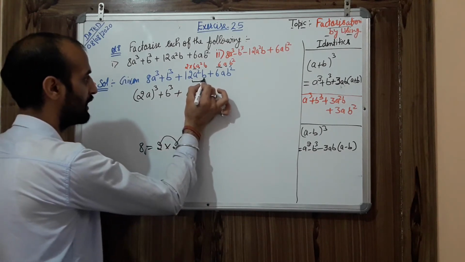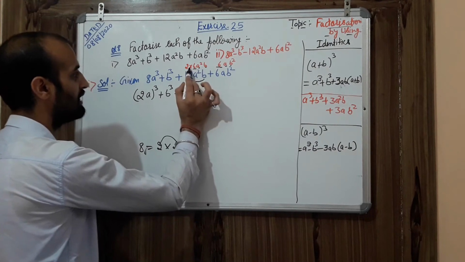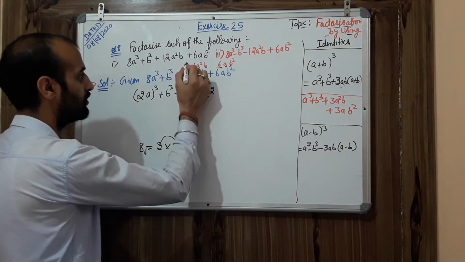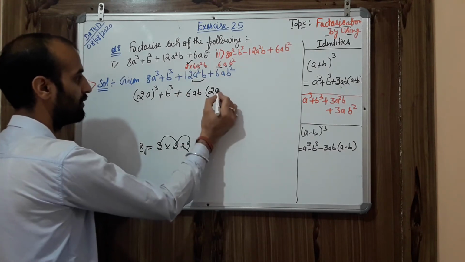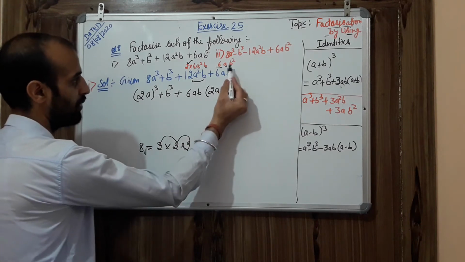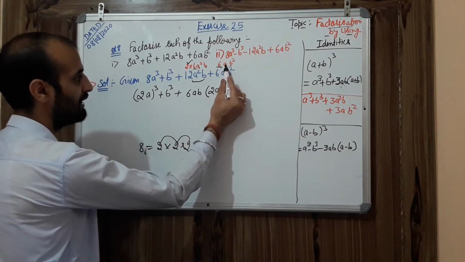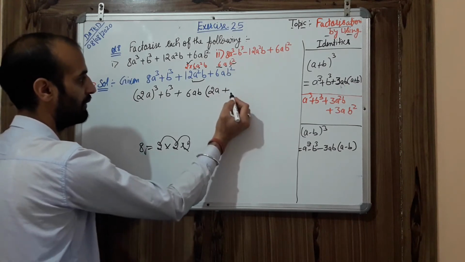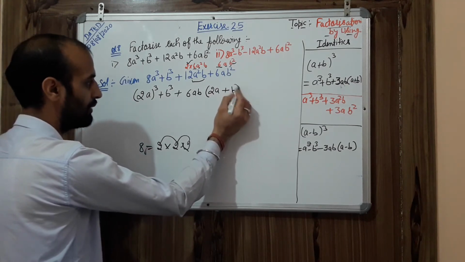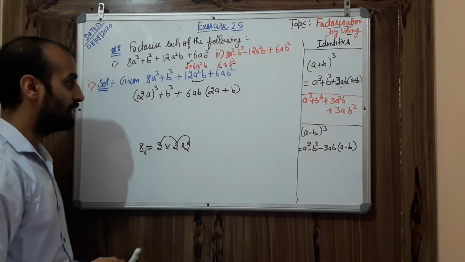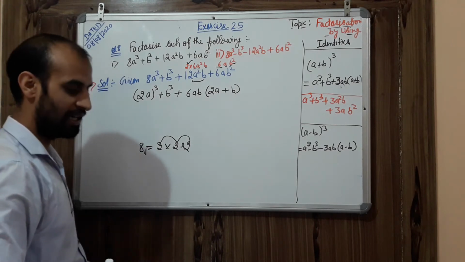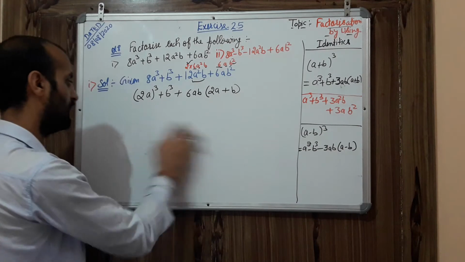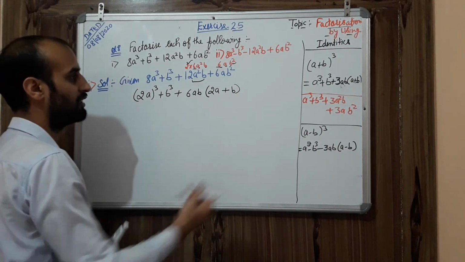From the first bracket, if 6ab is outside, this 2 is left and 1a left. Plus, from the other term you can see 6 is outside, a is outside, as well as 1b is outside, but we have here 2b, so definitely 1b is left. Now you can check what is left if we compare it with this identity.